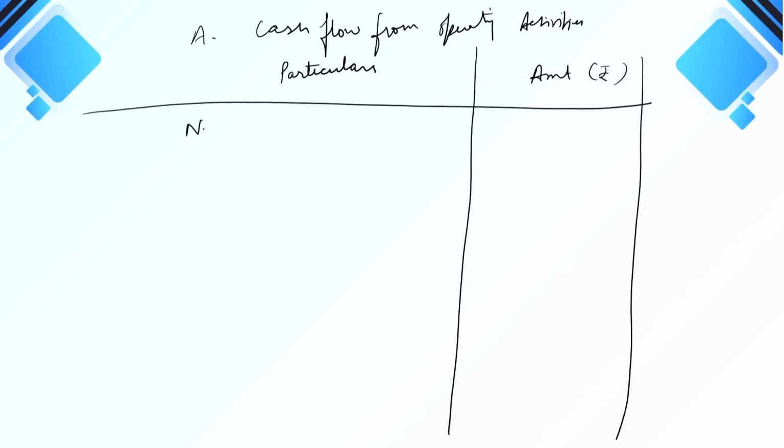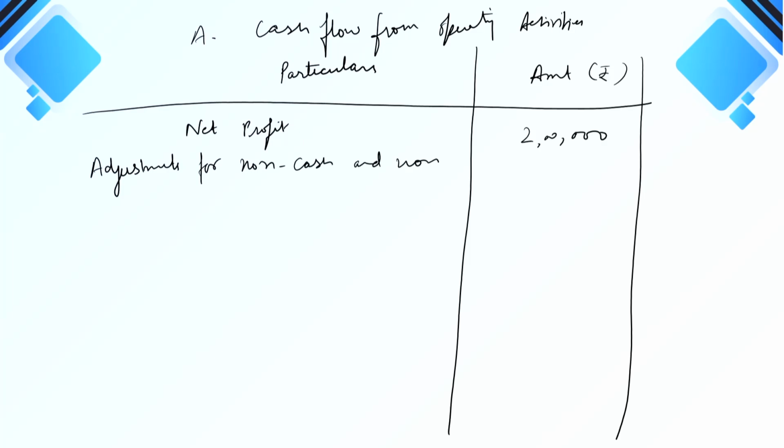So the first is information regarding net profit, which is given in the question. Net profit, we take it as a net profit before tax or extraordinary items. So this is the figure we treat here, that is the net profit, 2 lakh rupees. Then we first go for the adjustments. These adjustments for all the non-cash as well as non-operating items.